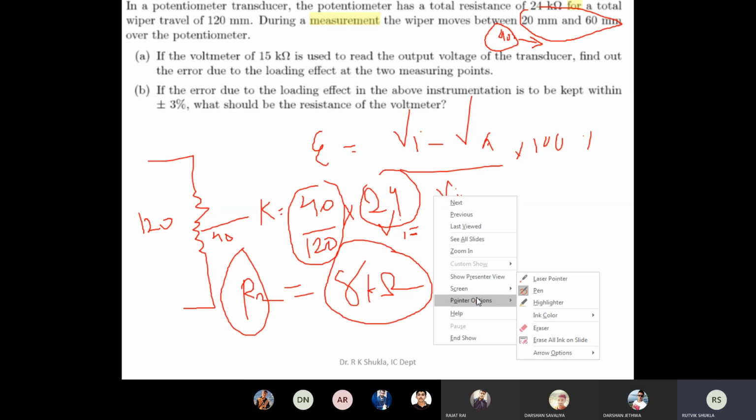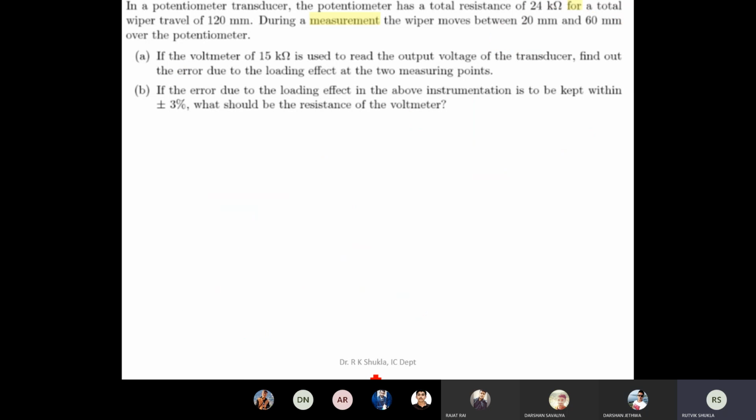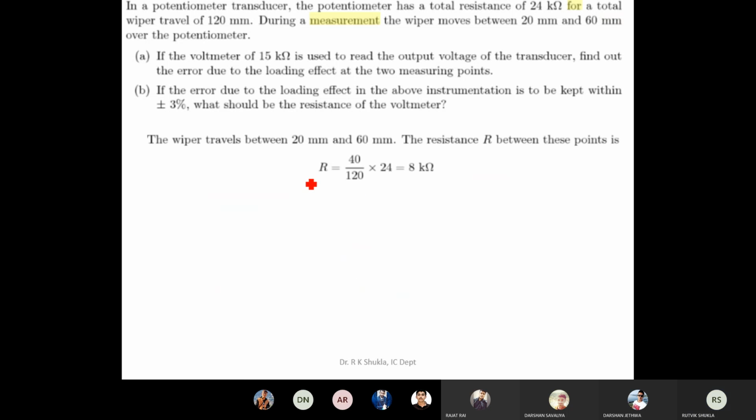This is the first finding for the calculation of your error. So this is what is already done. This is your K, 40 by 120, and this is RP. And then you will get the value of R2, that is 8 kilo ohm. So it means you are interested in the output across the 8 kilo ohm resistance.